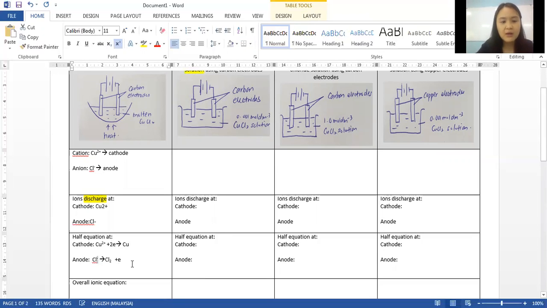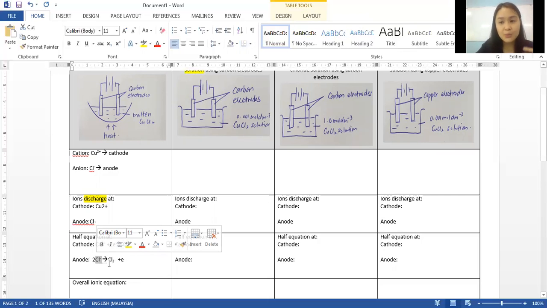But do not forget, for all types of equation, be it a normal chemical equation or ionic equation or half equation, you always have to balance it. Right, so now we look into how we balance it. So the first thing is, of course, we need to balance my chlorine. So I will put a 2 in front. And please be reminded, just now, when I first started with only 1 chloride, I donate 1 electron.